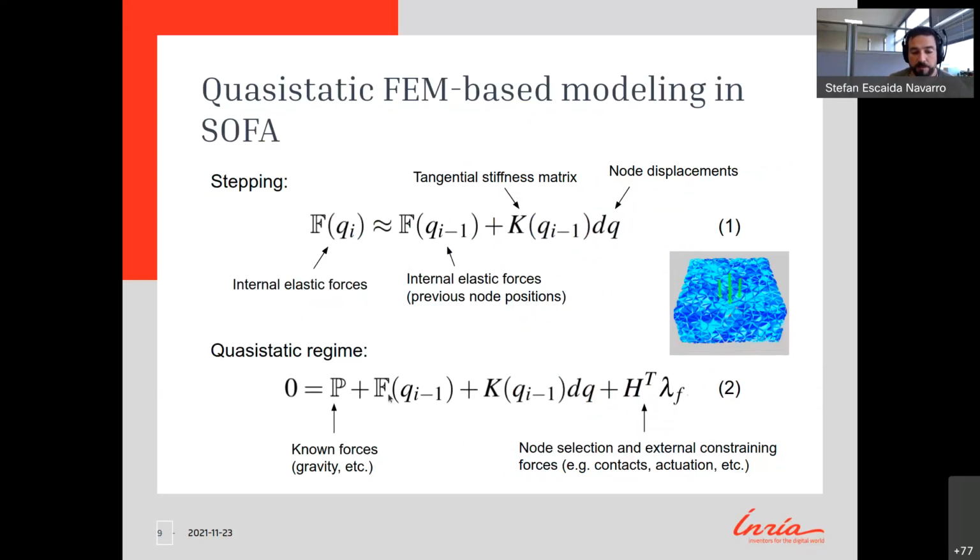And if we consider the quasi-static regime, we have additionally some known forces such as gravity. Here are the internal elastic forces, but also this constraint-based modeling. So we have a vector of external forces and a Jacobian or node selection matrix, which maps these forces to nodes on the FEM mesh.